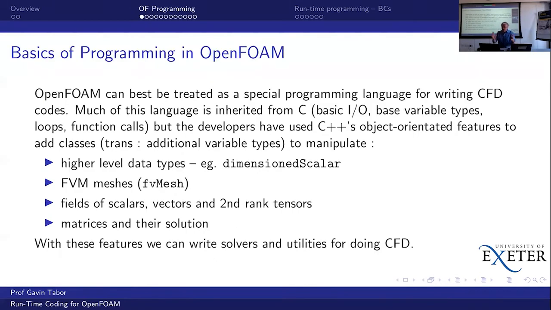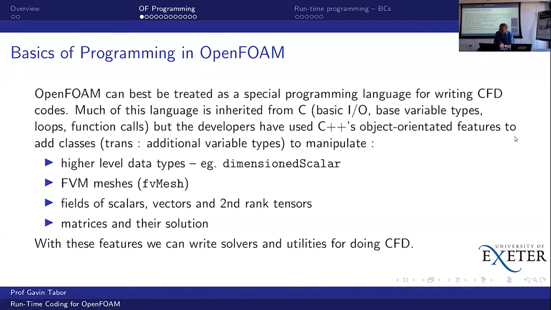So, first few slides about OpenFOAM programming. I admit I've nicked a lot of this from my undergraduate teaching. I always say that OpenFOAM can best be treated as a special programming language for writing CFD codes. A certain amount of this is inherited from C and C++, but the authors have used aspects such as classes and templates to provide essentially additional variable types to manipulate data that we're going to use.